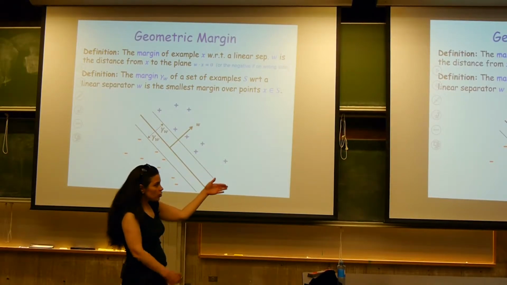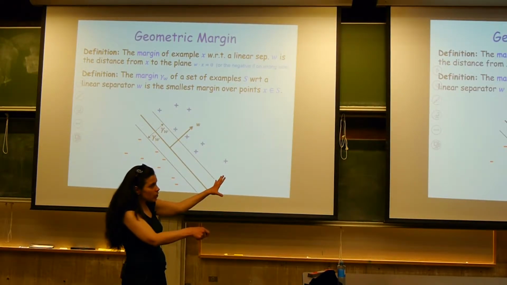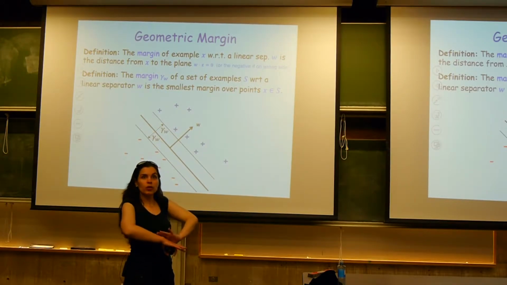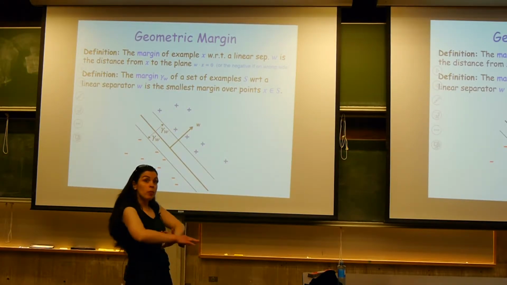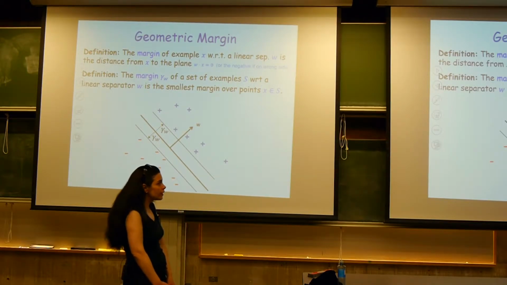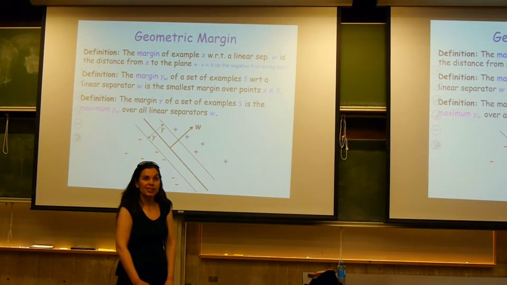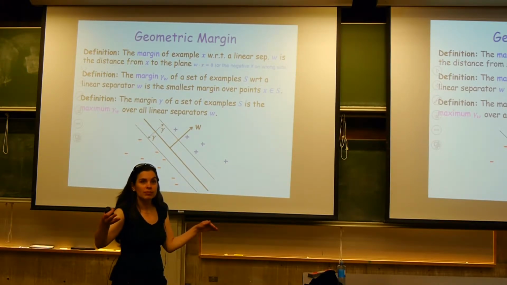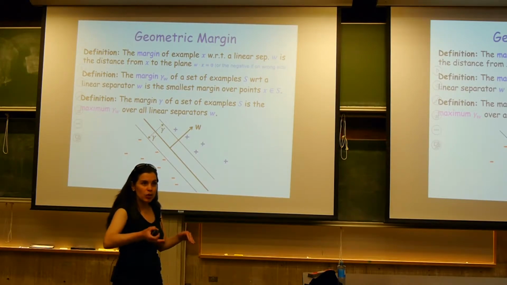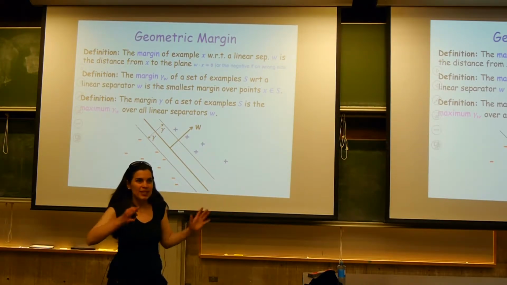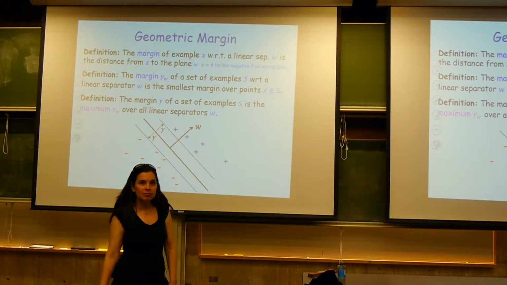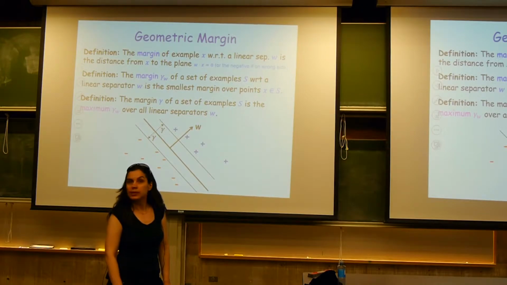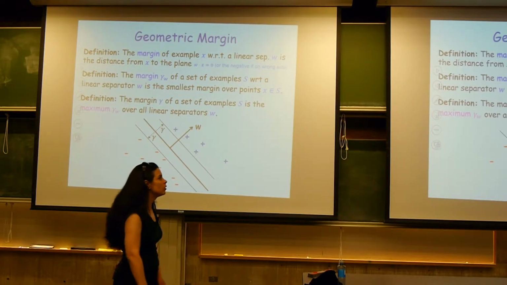Now we can also talk about the margin of the set S, which is the maximum margin that the set S has over all possible linear separators. So it's the maximum over all possible linear separators, of the minimum over all possible points in my set S. It's the most natural thing you could imagine. Is this clear? Good.